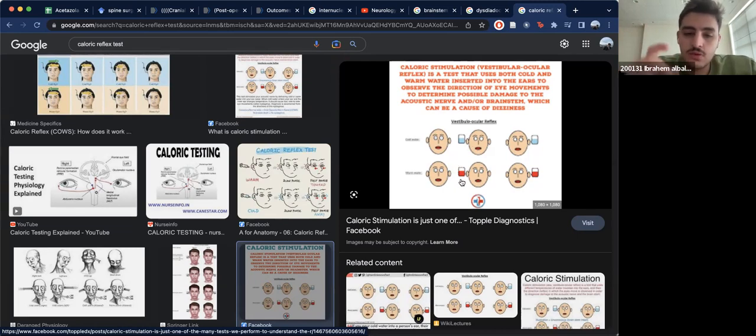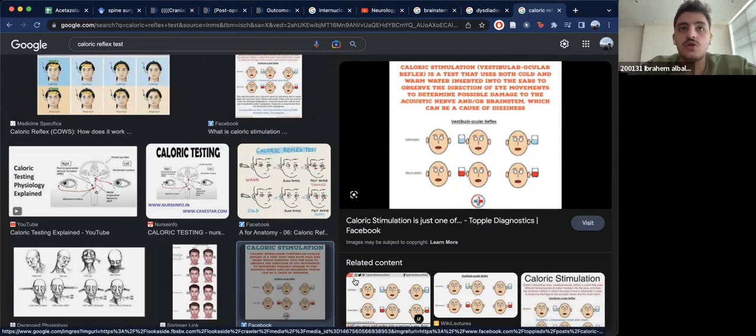The opposite is true. So if you inject hot water into the right ear, you're going to get slow movement away and then fast movement towards the hot water, okay? So once you see this test, you can tell that the vestibulo-ocular reflex is working, and it will further help you towards the diagnosis.